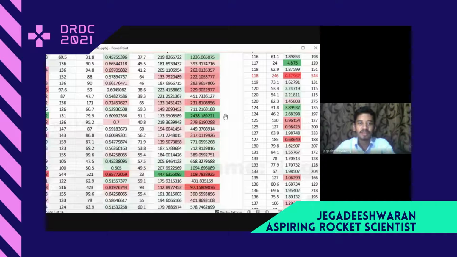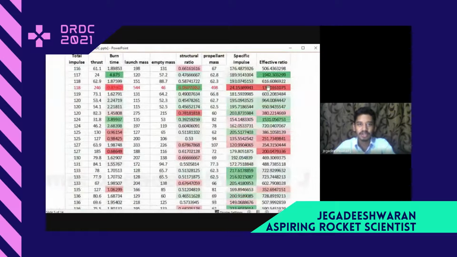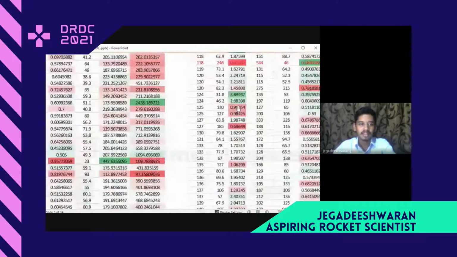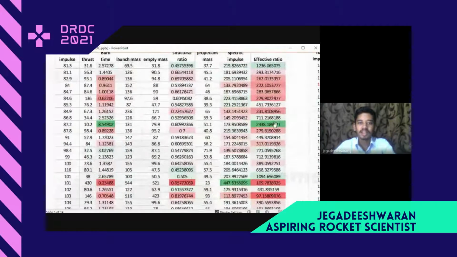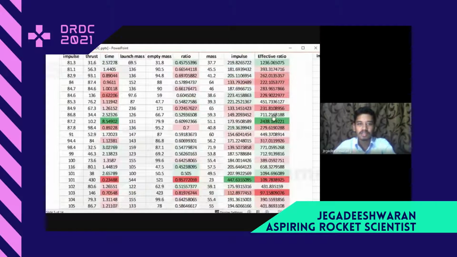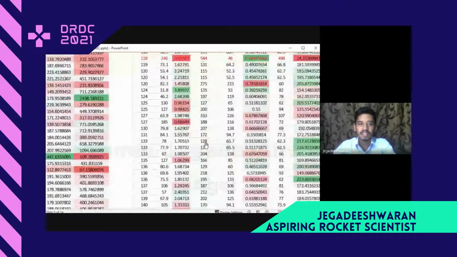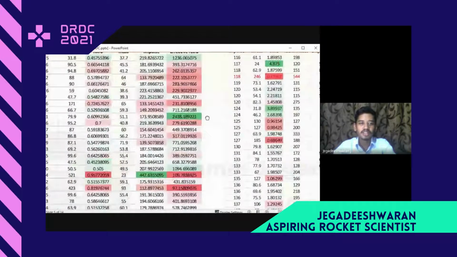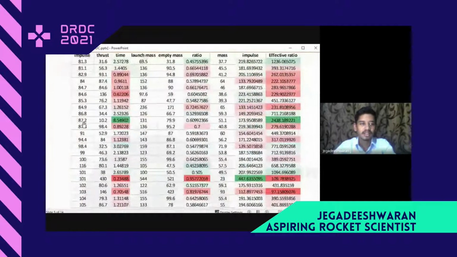The maximum value for effective ratio in all these configurations is chosen as the design target for my solution. If we see all these things, the effective ratio is highest for the 87.2 impulse motor, the one with a burn time of 8.54902. That motor was chosen. So we'll go to the next slide.